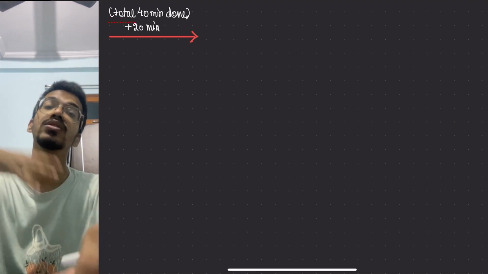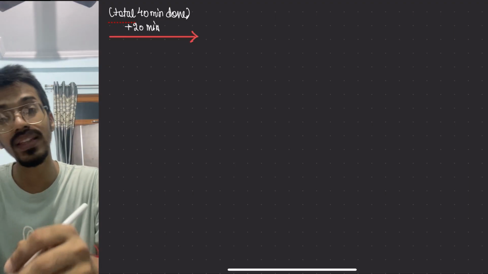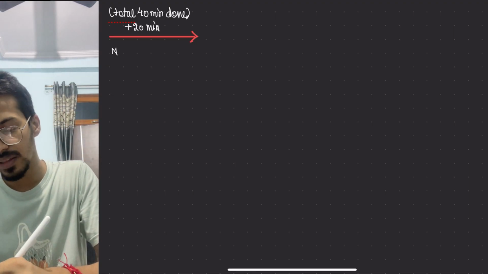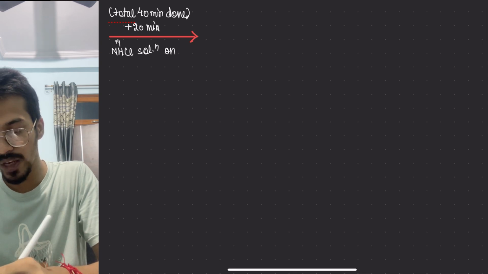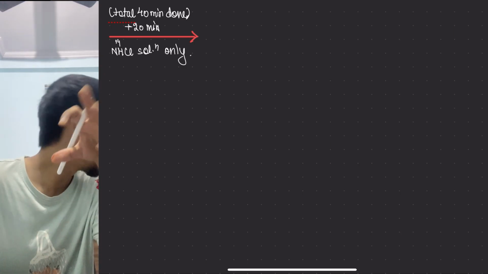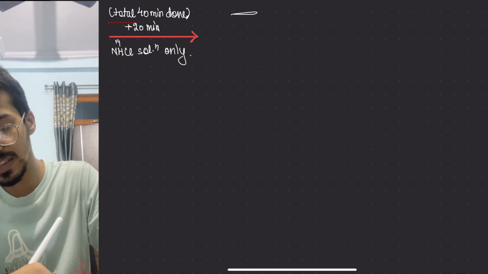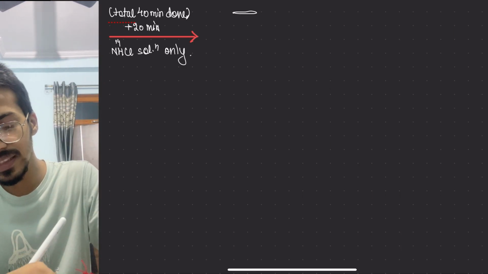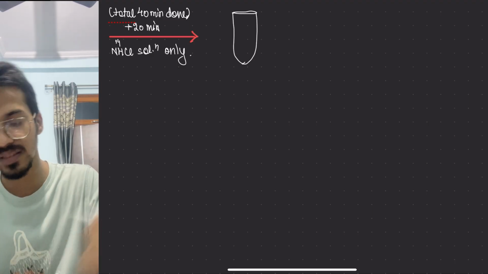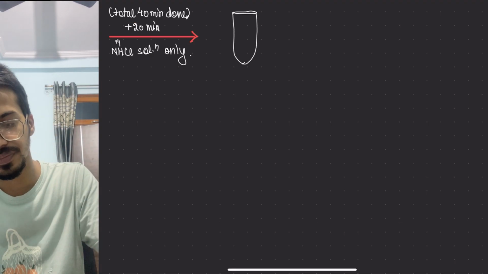Now after this 40 minutes, they see that they are still putting it on N14 only, N14Cl solution only. Now what happened? Now there is a difference in the density again. And this time we see two different density gradients at two different levels.